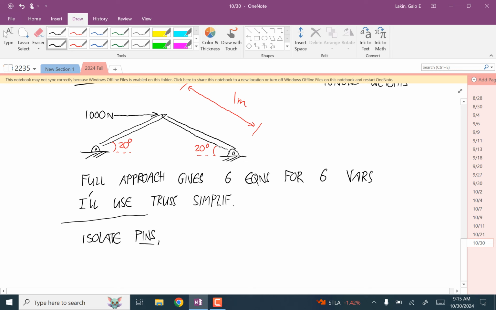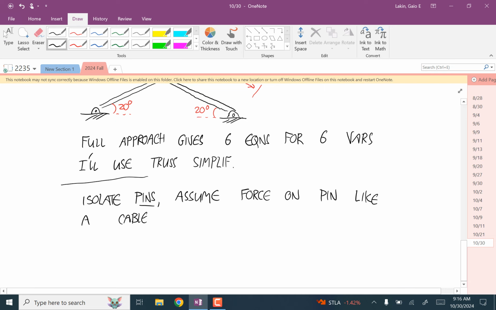And I'm going to assume the force on the pin is like a cable that can produce tension.